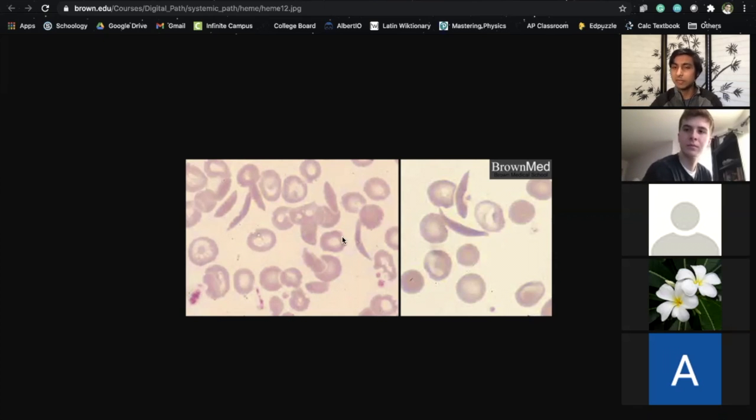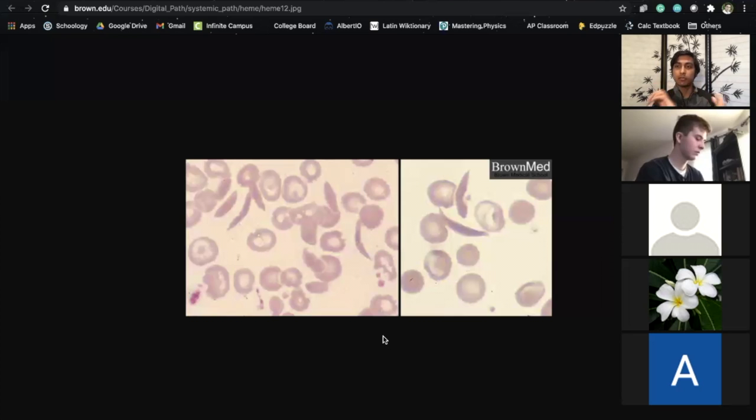And you can maybe imagine how a sickle cell could clump together, as opposed to very round cells. If you have a bunch of red blood cell shaped things going through a tube, it'd be less likely for them to get stuck together, right?